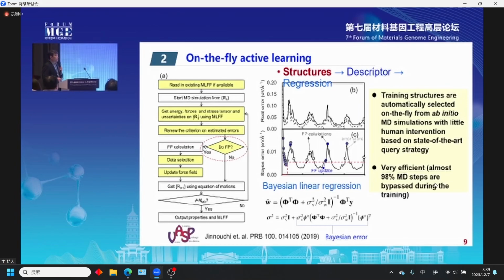This method is actually very effective: during ab initio molecular dynamics simulation, over 98% of the steps are passed by during training, and only 2% of the training structures are used for fitting. And also in this method, we use Bayesian linear regression.